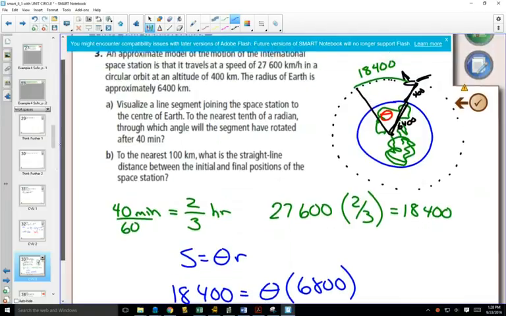So now we look back at our diagram, and we want to find out if this space station would have started here and just gone straight across to there to save time, be a little bit shorter. How far would that be? It's going to be a little bit less than 18,400. But how do we figure that out?